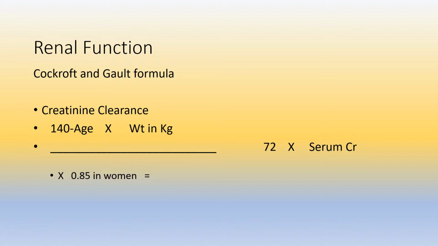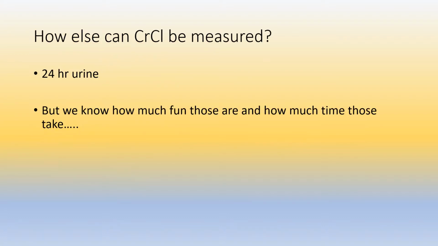The problem with that is that it is not considering age, it doesn't consider weight, it doesn't consider gender, and so this calculation is considered to be more accurate. And so you can easily find it on your Hippocrates calculator or MD Calc, or any of those will actually give you all of these calculators.